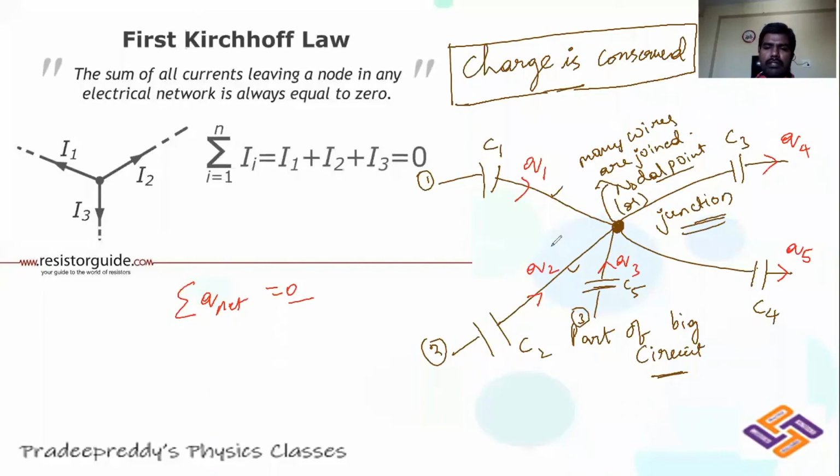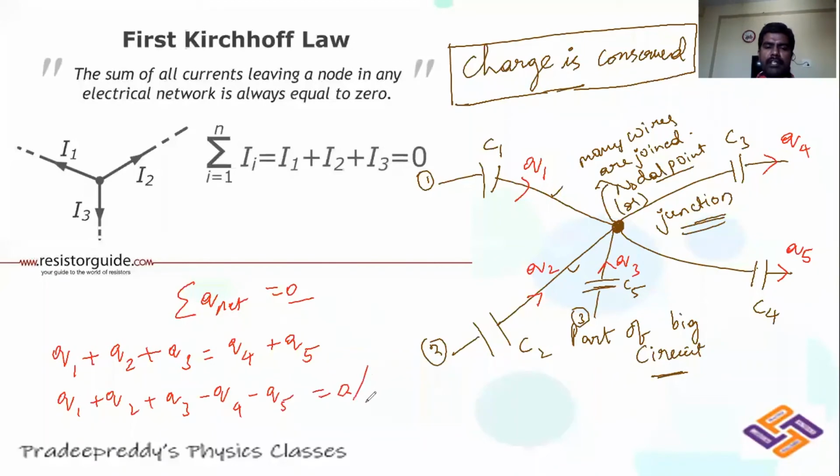Or the total charge which is coming to the nodal point is equal to the total charge leaving from the nodal point. So simply I will be writing it as Q1 plus Q2 plus Q3 is equal to Q4 plus Q5. Now I can write simply Q1 plus Q2 plus Q3 minus Q4 minus Q5 is equal to 0. So net charge at the nodal point is equal to 0.